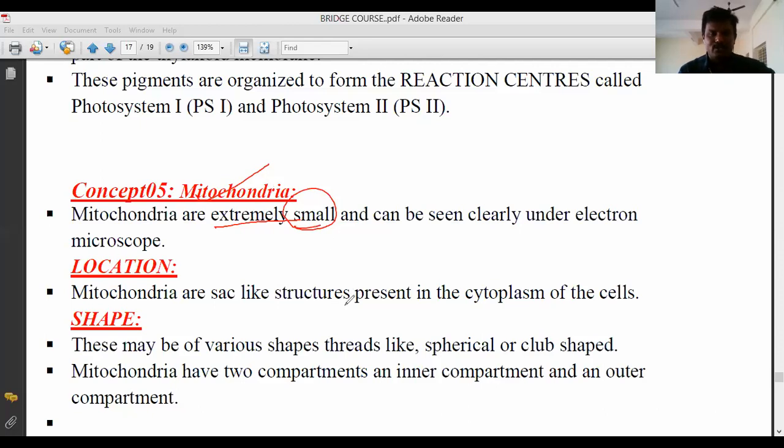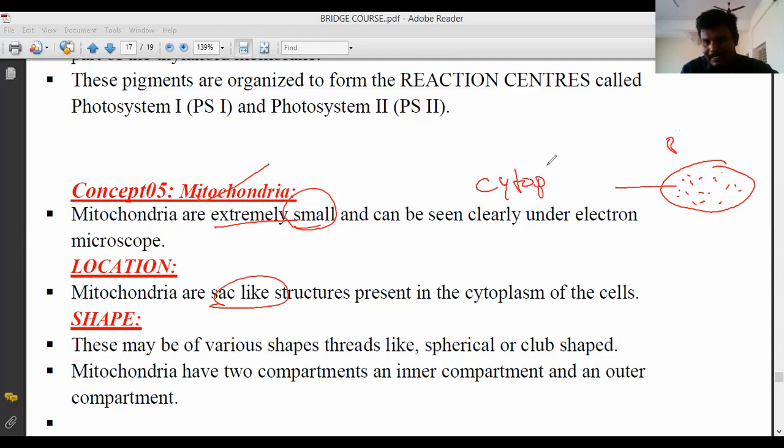So, location of mitochondria. Mitochondria are sac-like structures, small sac-like structures. They are present in the cytoplasm of the cell. In the cell, there is cytoplasm.